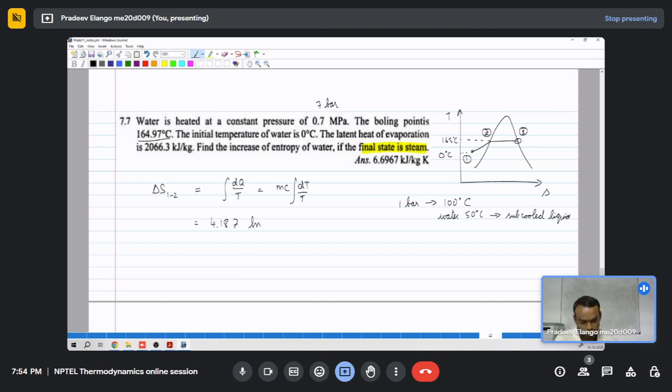Here the final temperature is 165 or 164.97. We have to convert it to the Kelvin scale. This is 437.97 Kelvin, and 0 degrees Celsius we know is 273 Kelvin. So here we will have ln of 437.97 divided by 273. Can you calculate this?